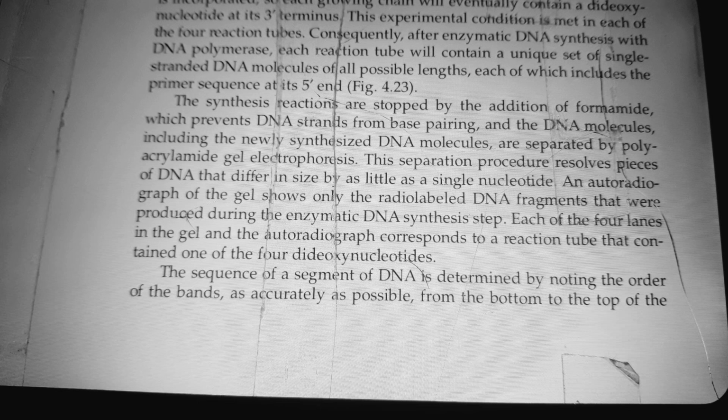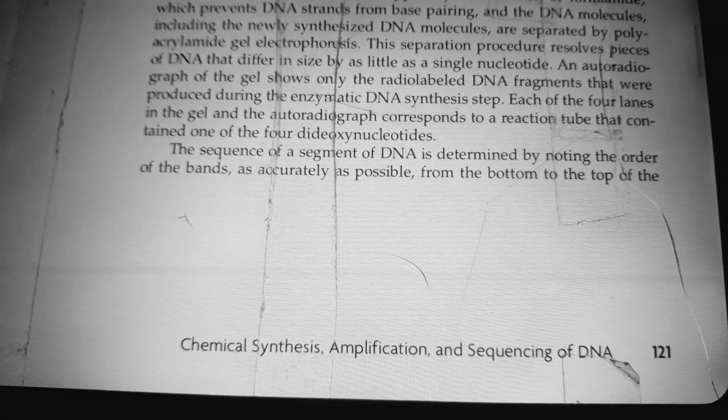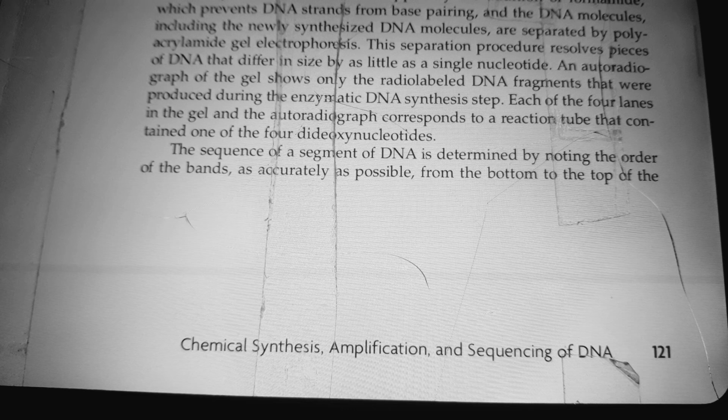An autoradiograph of the gel shows only radio-labeled DNA fragments that were produced during the enzymatic DNA synthesis step. Each of the 4 lanes in the gel and the autoradiograph corresponds to a reaction tube that contains one of the 4 dideoxynucleotides.